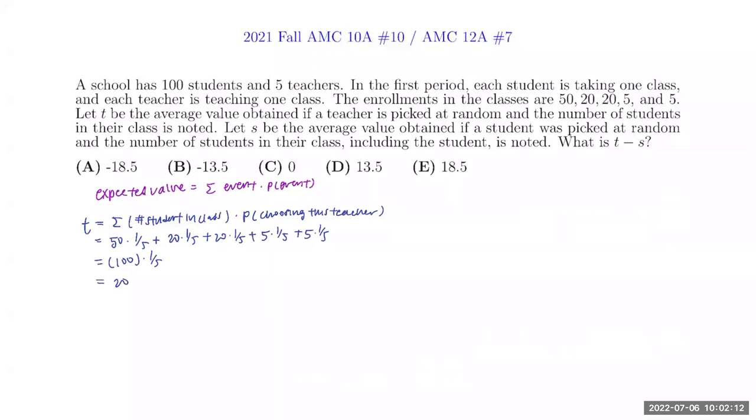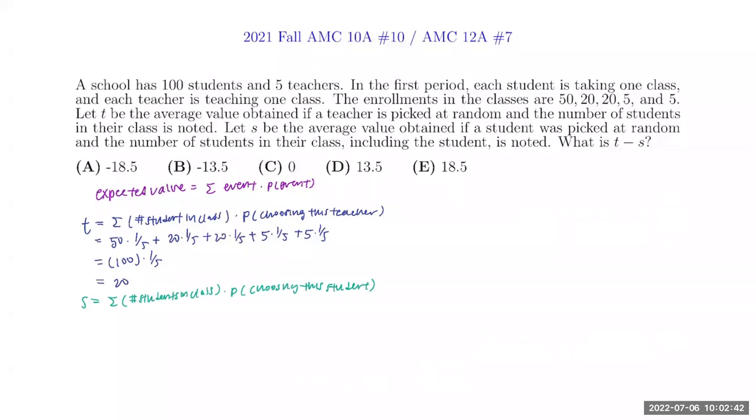Now let's look at how we can calculate S. For S, this is going to be the sum of, once again, the number of students in class, but it is going to be in the class of the student that is chosen, times the probability of choosing this student. And the probability of choosing each student out of these 100 students is going to be 1/100.